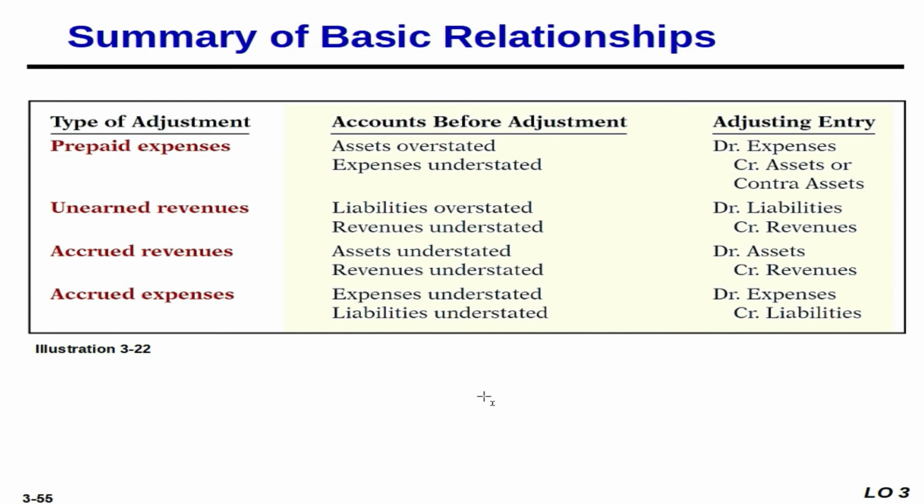So we have to debit supplies expense so expenses are not understated, as you can see here in that adjusting entry, and then credit the asset account supplies, so assets will not be overstated. So that's it, okay? You can pause the video, make sure you understand this, and go back in the video to look at some of these journal entries, which these rules come from, and you will see, okay?